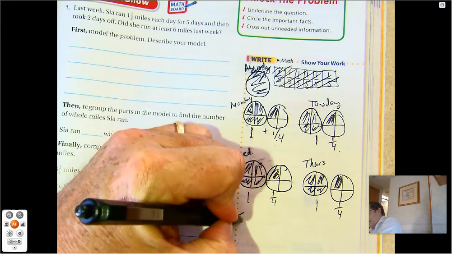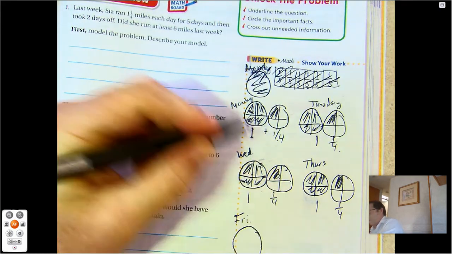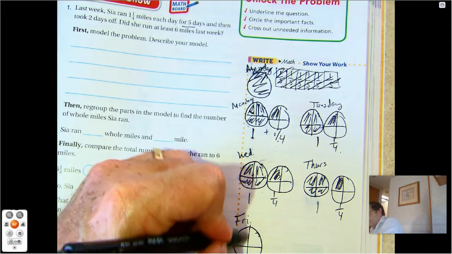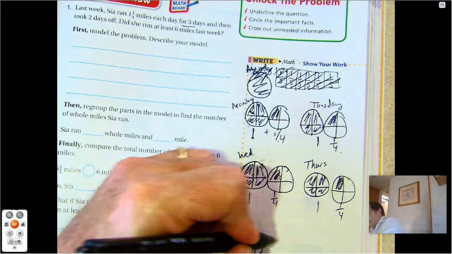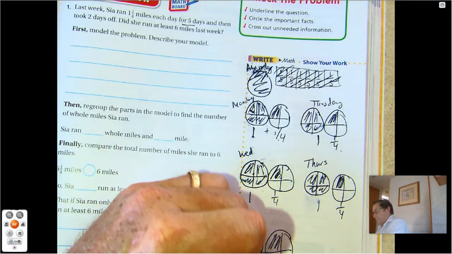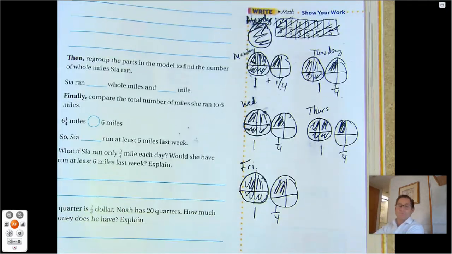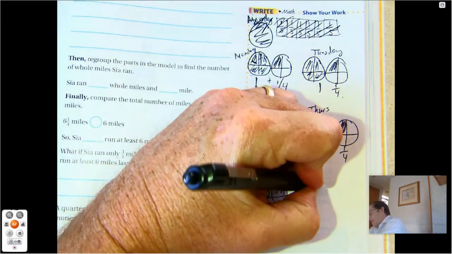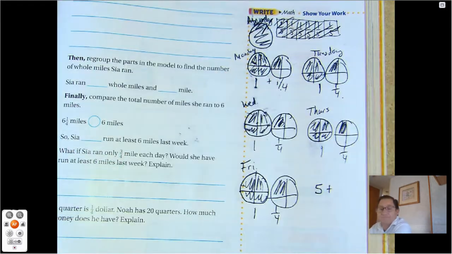And then Friday, our 5th day, she ran for 5 days. We're going to have another 1 and 1/4. Okay, so let's look at all the whole numbers for each of those days for 5 days. 1, 2, 3, 4, 5. All right, so 5 definitely.